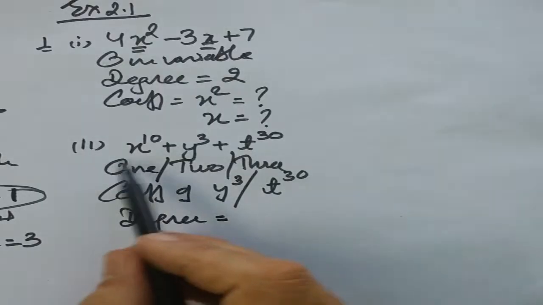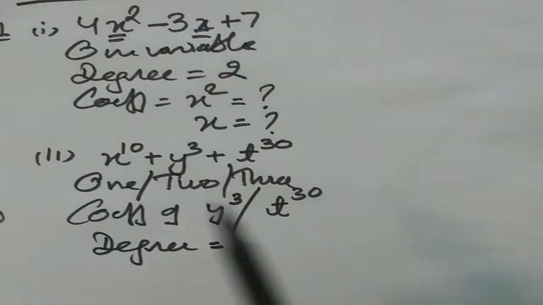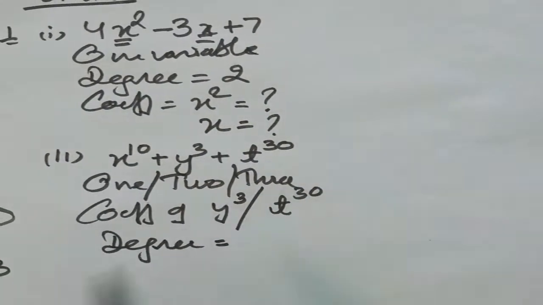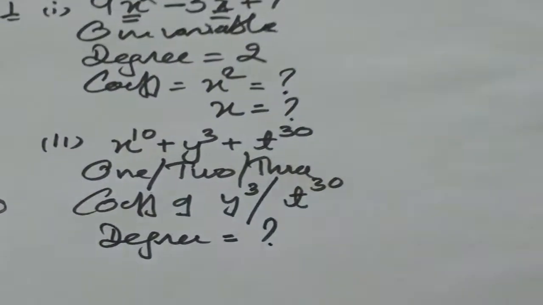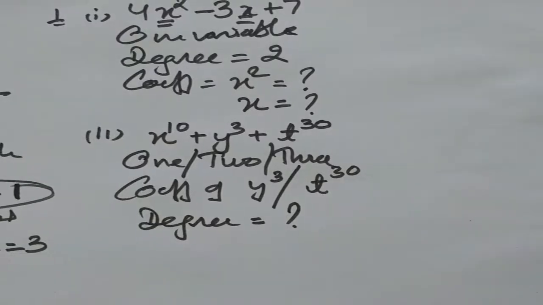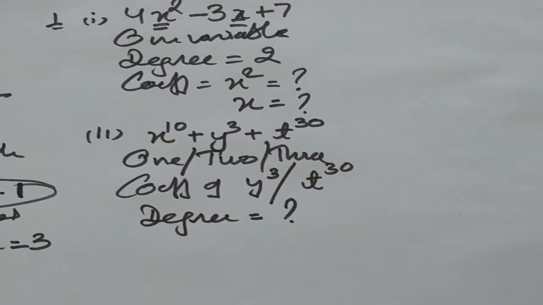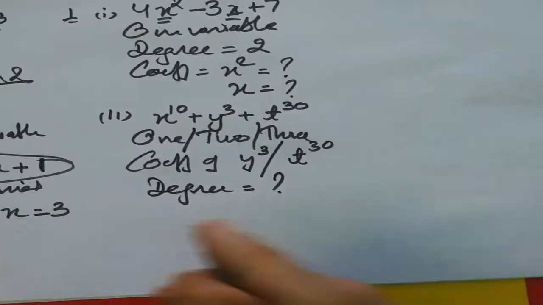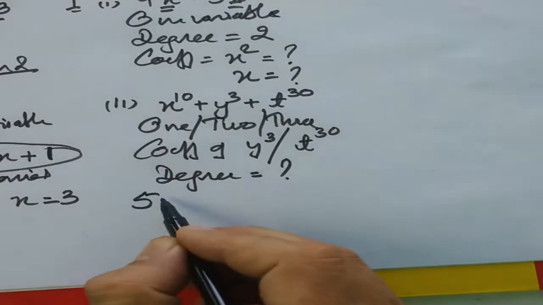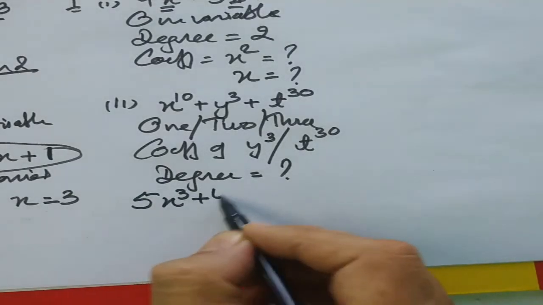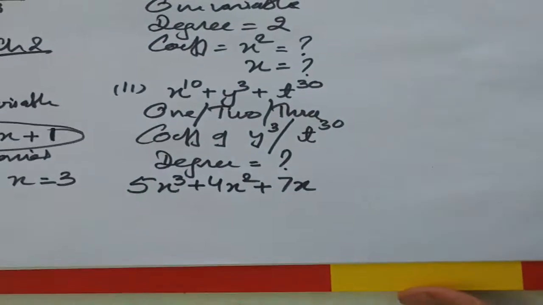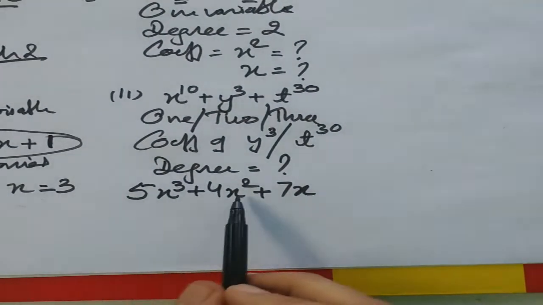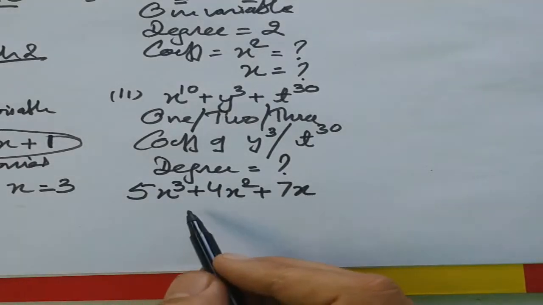The degree of this expression, what is the degree? The highest power. This also you can type. You have understood? So type below it. What is the degree of this? And one more: 5x cube plus 4x square plus 7x. So this is a question. 5x cube. What is the degree of this?